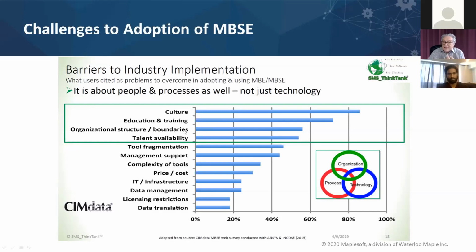This is really about the people rather than the tools and processes, and how we can overcome some of the reluctance that is very often encountered when trying to implement a systems engineering process.